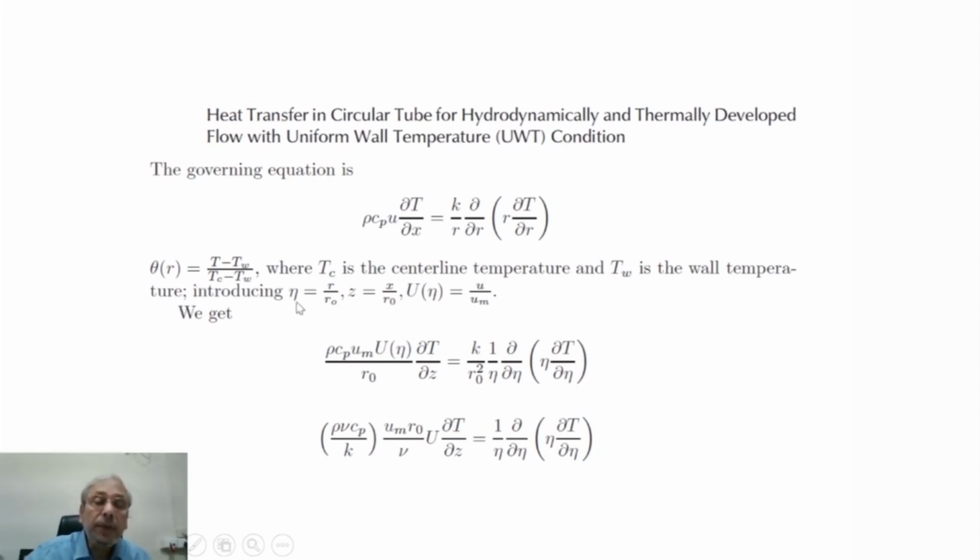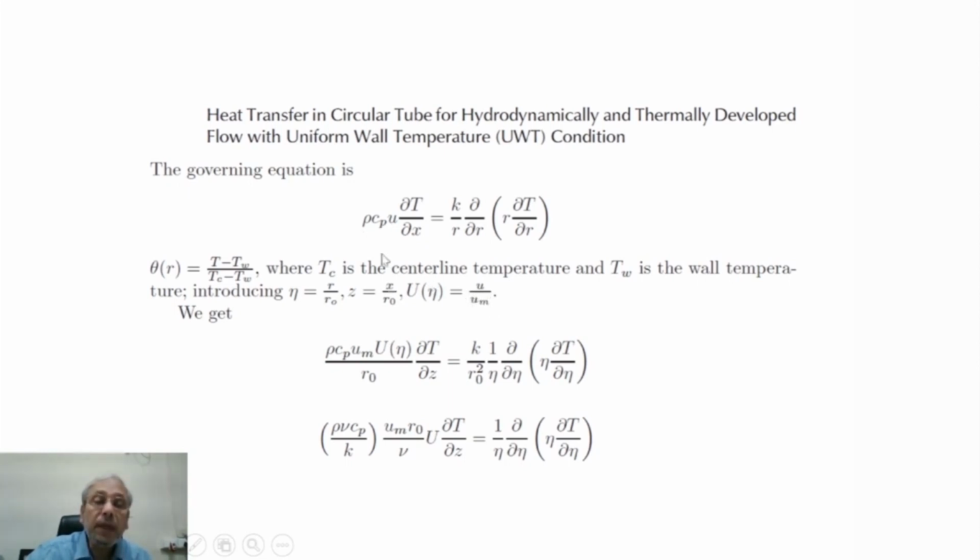We also introduce eta equal to R by R naught and Z equal to X by R naught, and we introduce uppercase U, which is a function of eta, as U by Um. Uppercase U is a function of R by R naught, and we can write this as U by Um, where Um is the mean velocity.